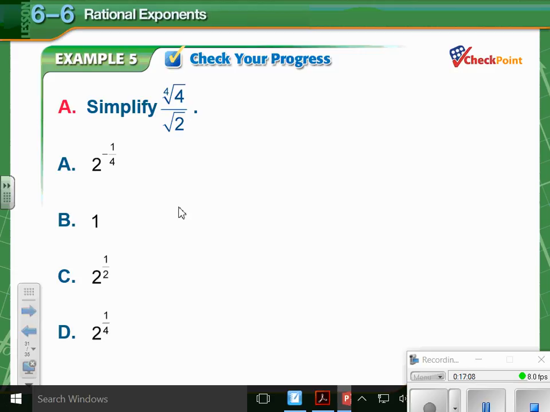Practice, simplify this. It all simplifies down to 1.